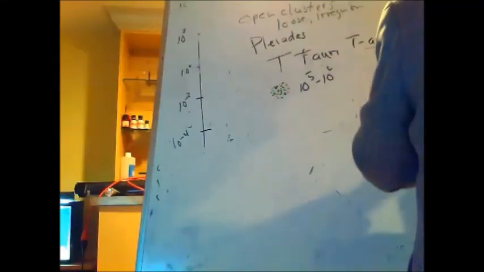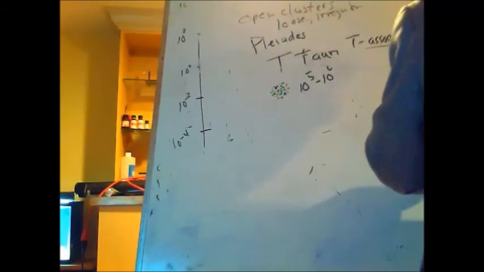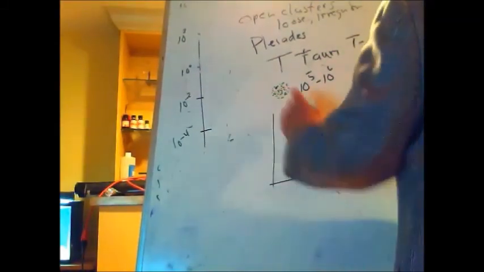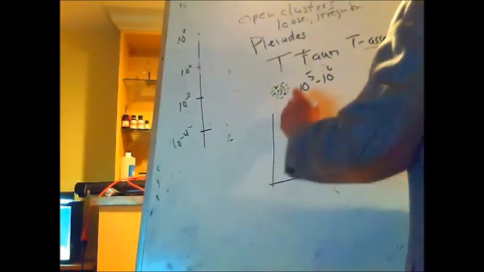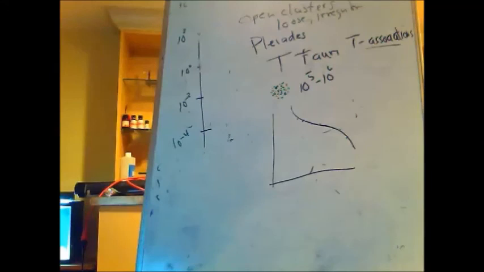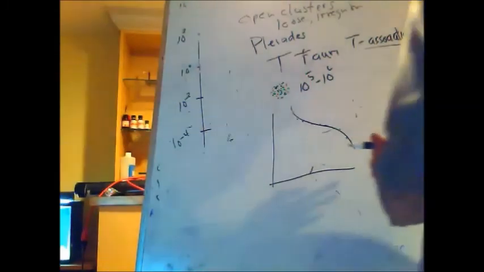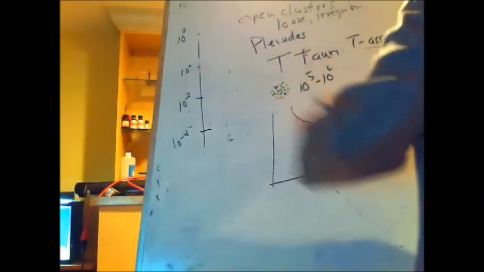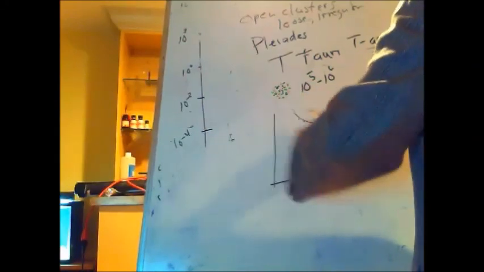Now, if you actually look at an HR diagram of an open cluster, you'll see that all the stars in the cluster will actually lie right along the main sequence. But if you look at the HR diagram of a globular cluster, you'll find that the part of the main sequence that has these more massive stars is kind of gone.